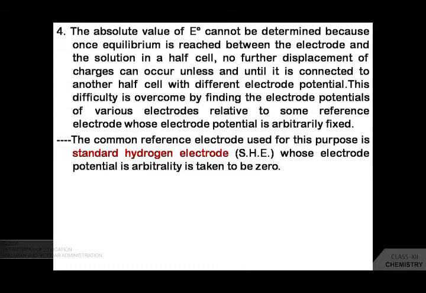This difficulty is overcome by finding the electrode potential of various electrodes relative to some reference electrode whose electrode potential is arbitrarily fixed. The common reference electrode used for this purpose is the standard hydrogen electrode, represented as SHE, whose electrode potential is arbitrarily taken to be 0.